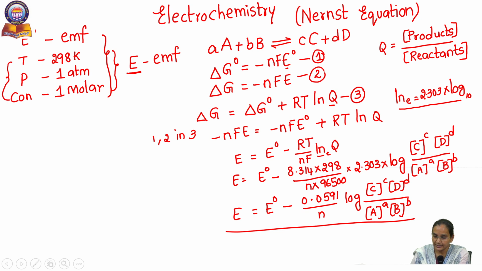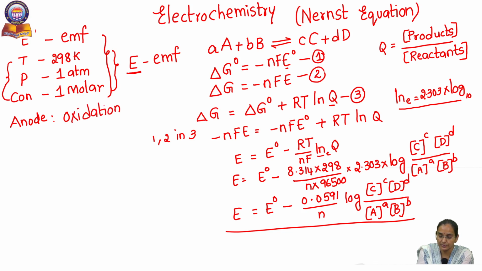Now to calculate the electrode potential, if you consider the anode, generally at the anode, oxidation takes place. What is oxidation? Loss of electrons is oxidation. That means what type of reaction takes place at the anode?